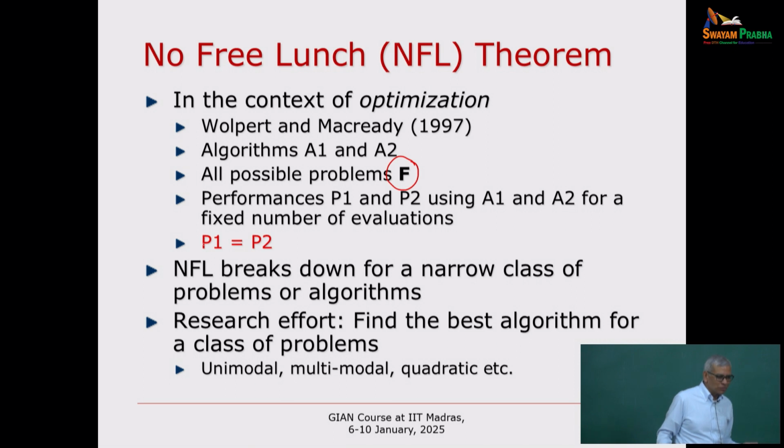Obviously, it's not possible. And once you start thinking deep into it, it basically says, what if I have minimization, one problem to minimize f, another problem to maximize f. I'll have a completely different answer. Now, one algorithm may be good for minimization, but not good for maximization.